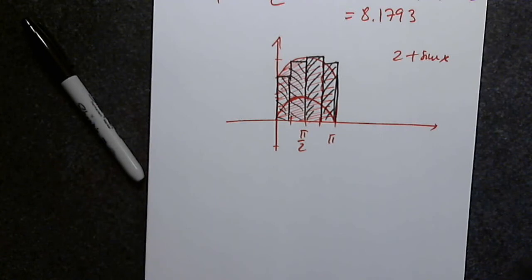I multiplied, I did not forget the delta x. I had delta x in front, so that's pi over 4. And then in parentheses, I had 2 plus. Is that the function again?